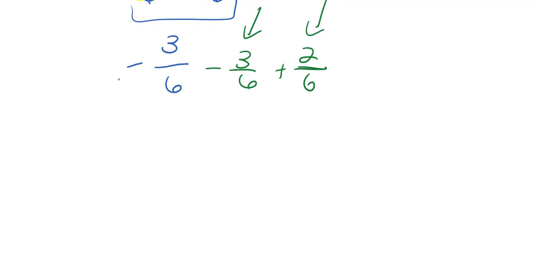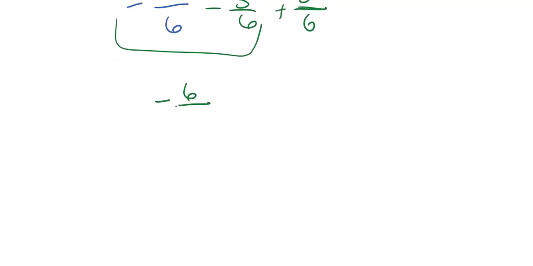So now we're just going to deal with these two. So negative 3 over 6 minus 3 over 6. What would that equal? Well, negative 3 minus 3 would equal negative 6 over 6.